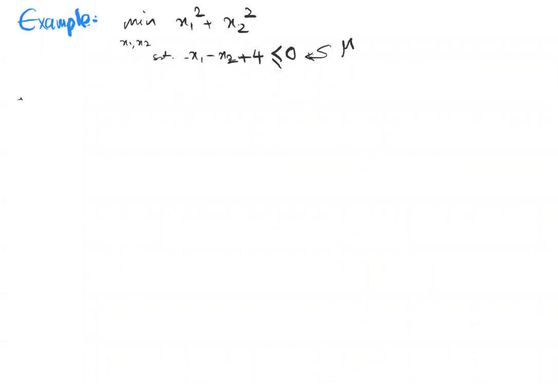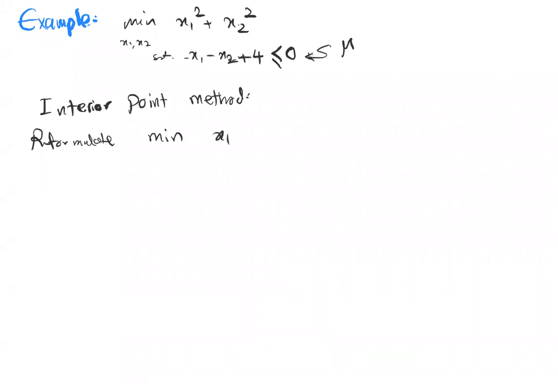Then the interior point method: we reformulate the problem, minimizing x1 squared plus x2 squared minus zeta, which is a positive value, logarithm of z.